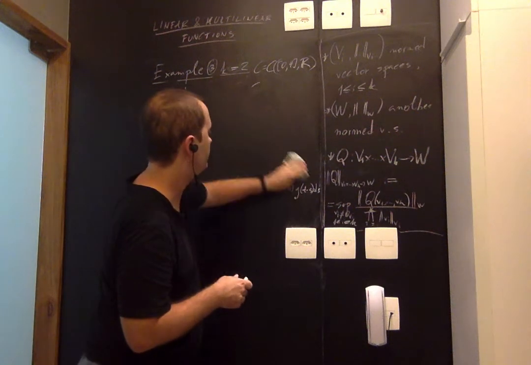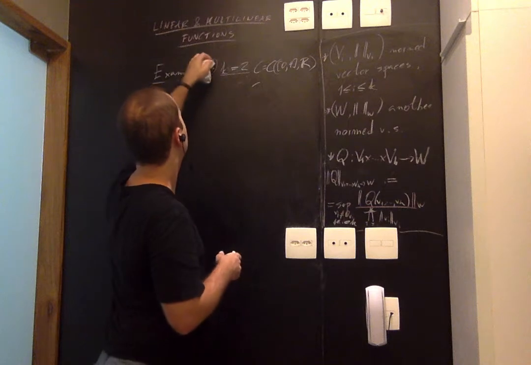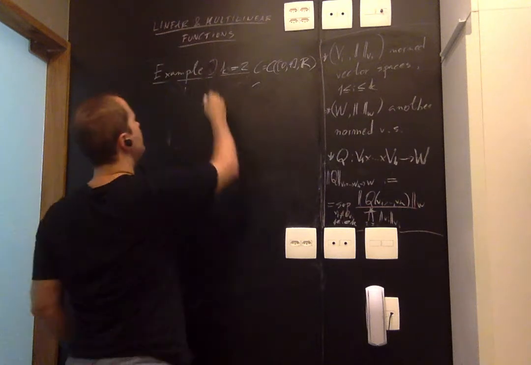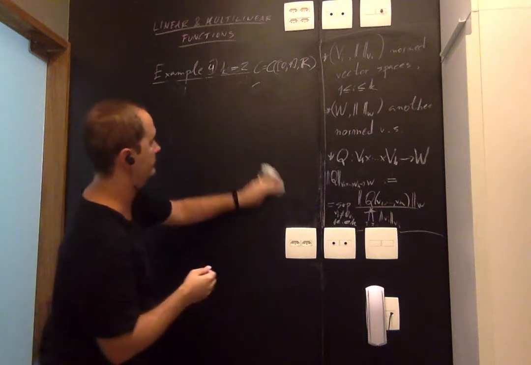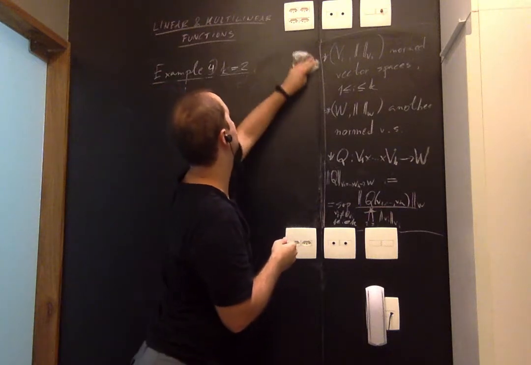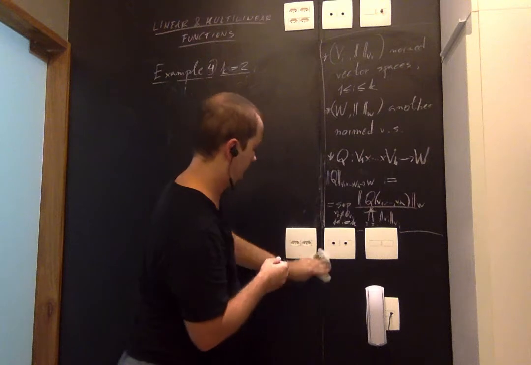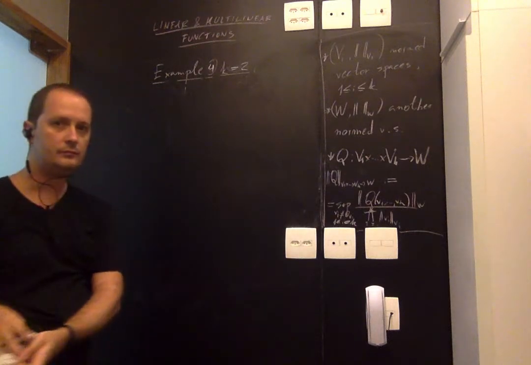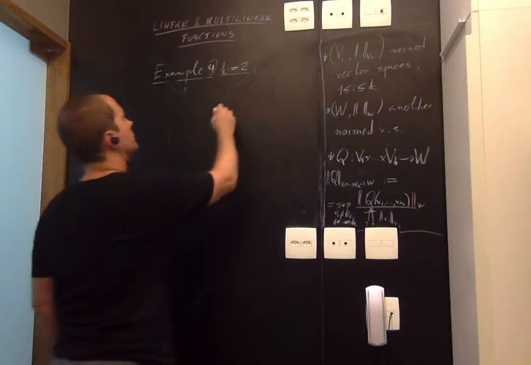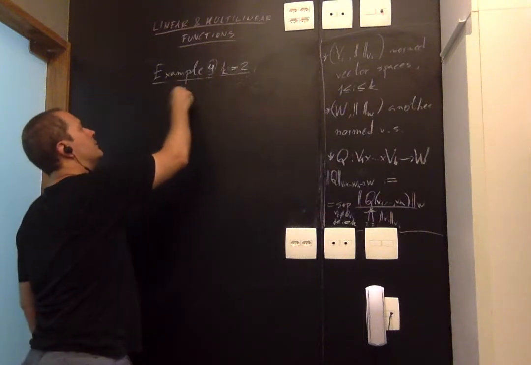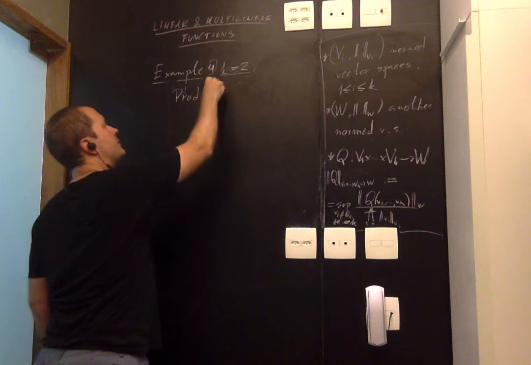Okay, and one last example, which maybe I should have mentioned before. It's another product kind of operation. Here it is. I'm going to call it prod 2, even though the spaces are very different.